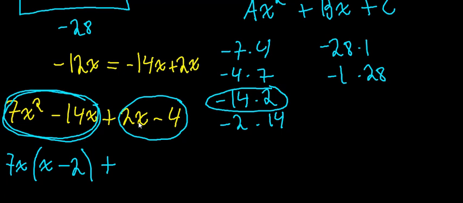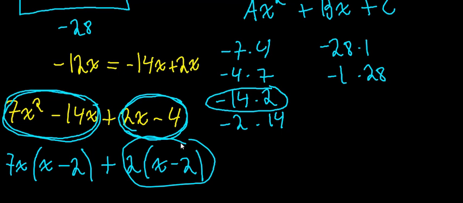And we can add that to, now we're going to factor this binomial individually. So we can take out a 2 here. And 2 times x minus 2 is the same as 2x minus 4, right? This guy is the same as this guy.